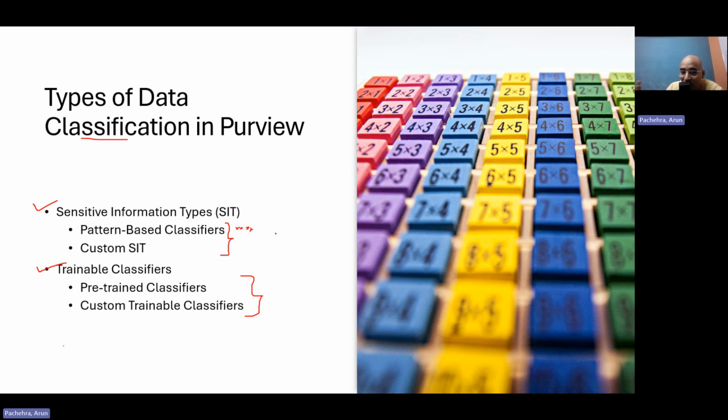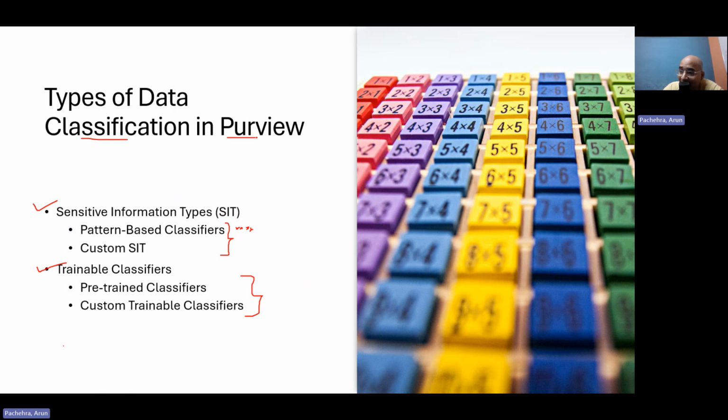So it knows the format already. These are pattern-based classifiers. It knows the pattern of the passport number, national ID numbers like Aadhaar or SSN in the US. It knows that pattern. So it will identify that data with the help of that pattern. But these are the built-in ones you can simply utilize as provided by Microsoft Purview.